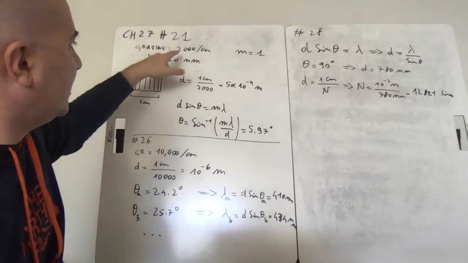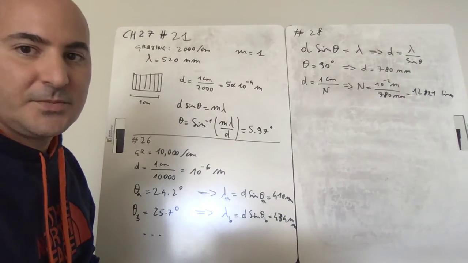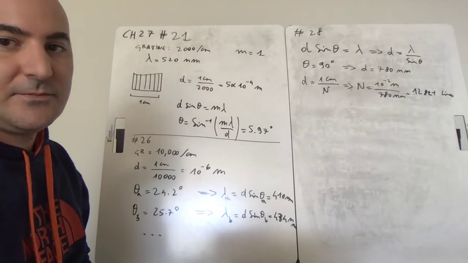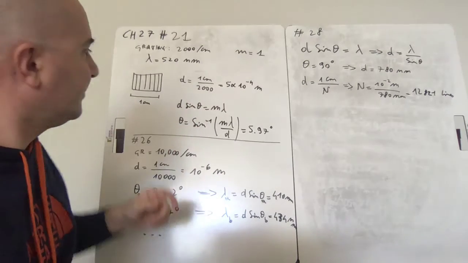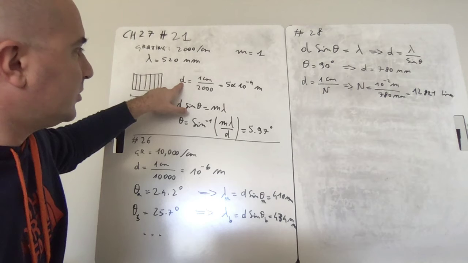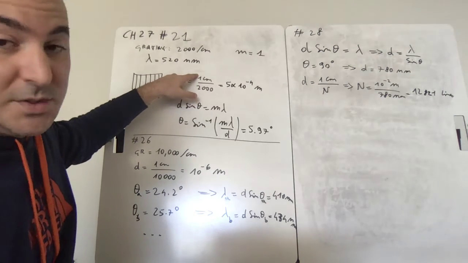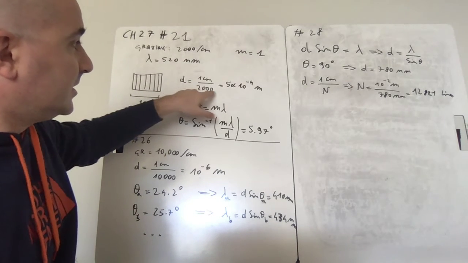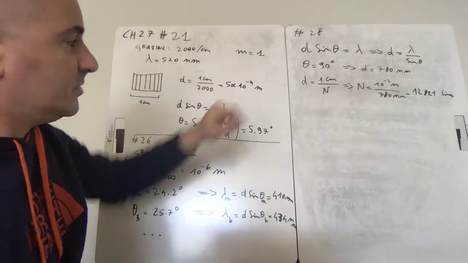I know each centimeter is divided into 2,000 slits, so to find how far apart two slits are, you just invert that number. The distance between two slits is 1 centimeter divided by 2,000, and so each slit is separated from the next by 5 times 10 to the minus 4 meters.